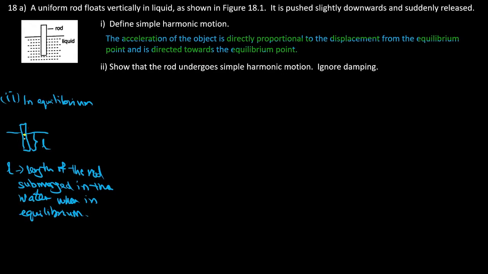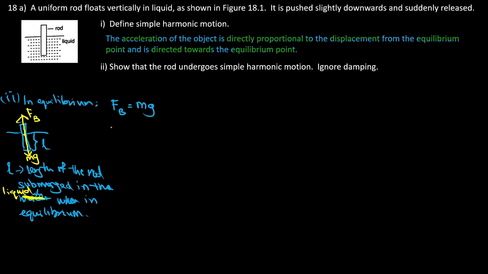So what are the forces that act on this rod? There are two forces. The main force is mg, which is the weight of the rod, and also because it's floating in liquid, there is the buoyant force. This is not water, so it should be written as liquid. These two forces must be balanced. So in equilibrium, Fb is equal to mg.